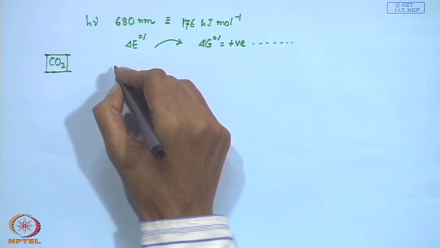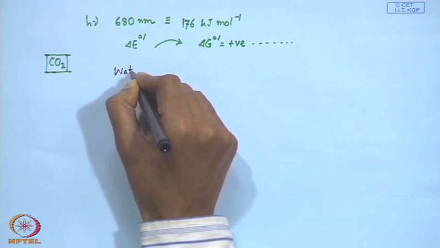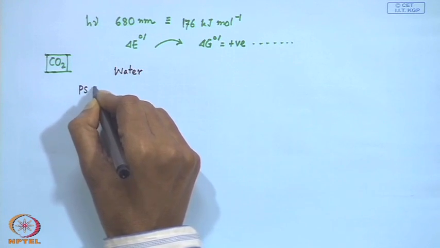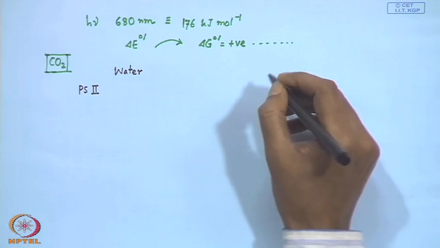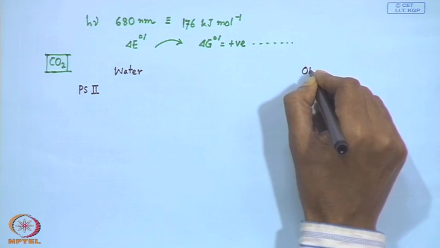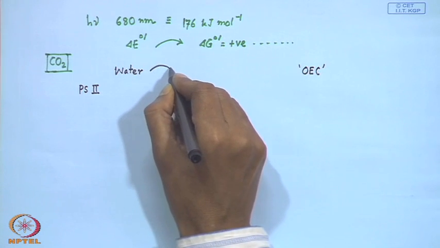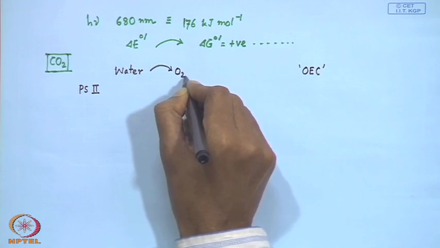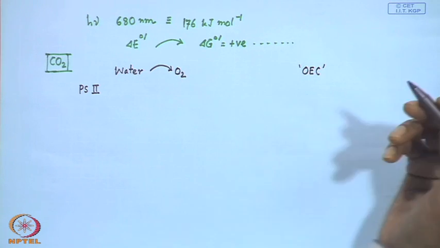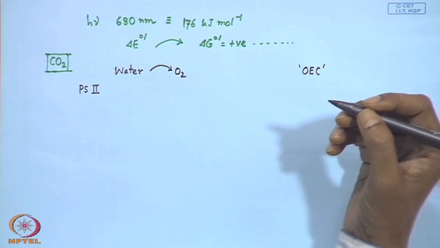So, the oxidation of this water molecule, that means when we have water in photosystem II, we get something which we also call the oxygen evolving center, because from water we are getting O2 molecule. So, it is also known as the oxygen evolving center, where we can go for typical oxygen evolution, and it is a 4 one-electron step.